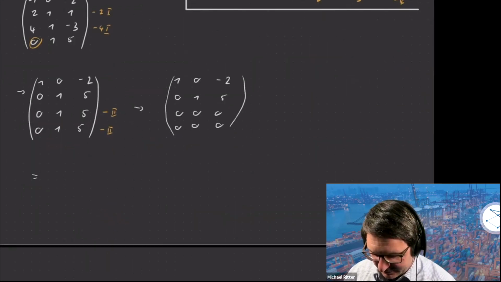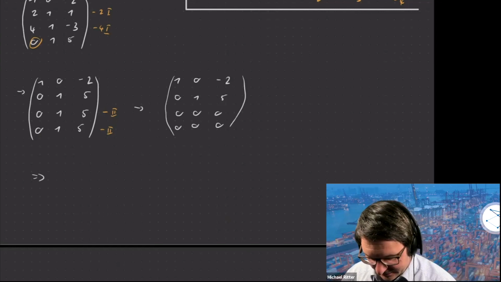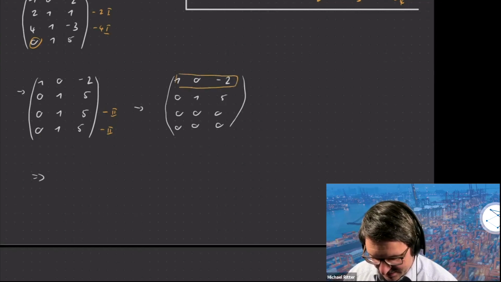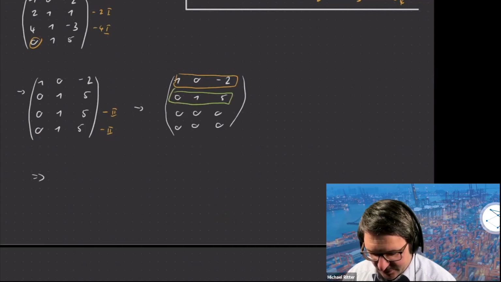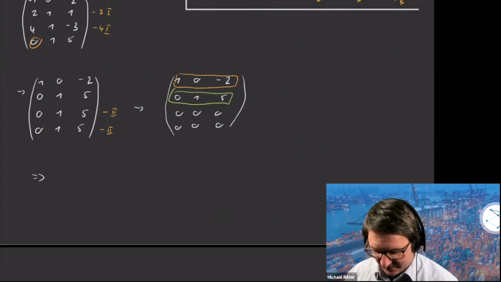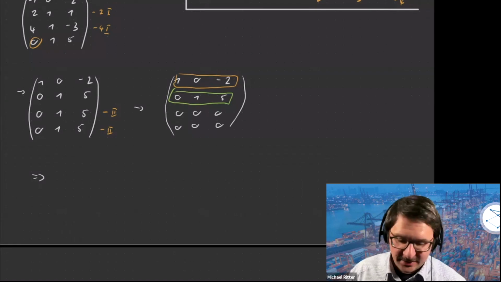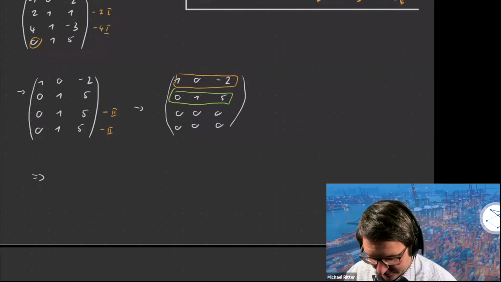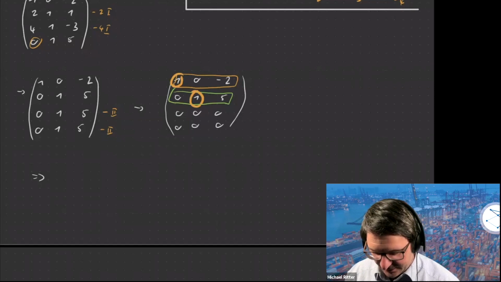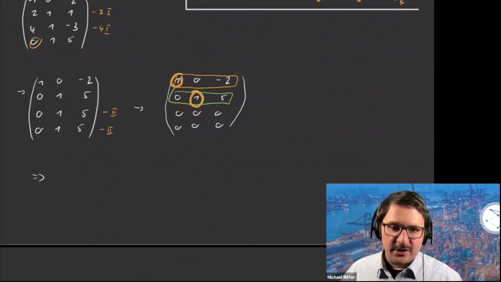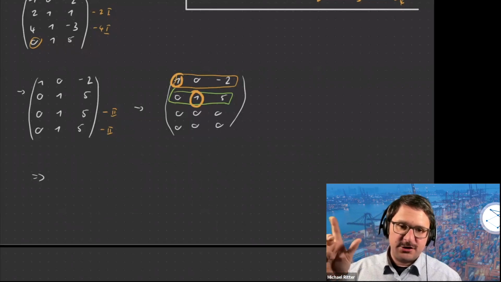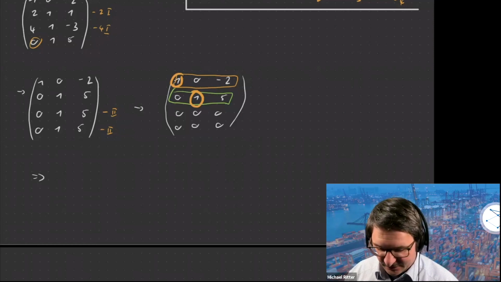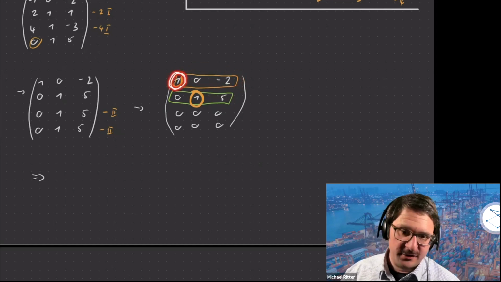So that means I can now just take these two vectors that remain, and I know these will span my vector space V. And they are obviously linearly independent, because if you look at their pivot element here and here, if you want to produce the 0 vector using just those two, you'd obviously have to use 0 times this first one, because otherwise you would have some multiple of 1 in the first coordinate.